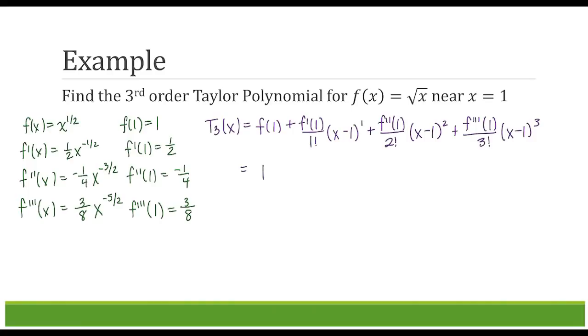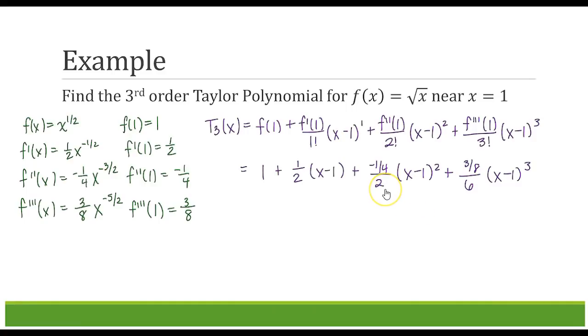So f of 1 was 1, plus f prime of 1 was a half, so I get a half over 1 factorial, that's just a half, times x minus 1, plus f double prime of 1, which was negative 1/4, over 2 factorial, which is 2, times x minus 1 squared, plus f triple prime of 1, that was 3/8, divided by 3 factorial, which is 6, times x minus 1 cubed.